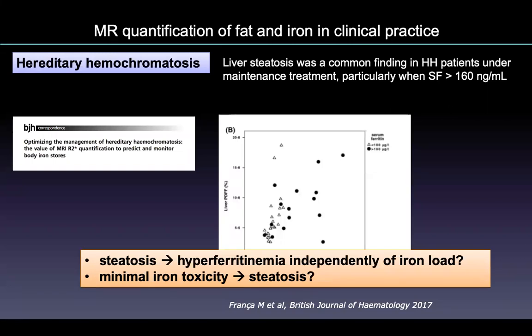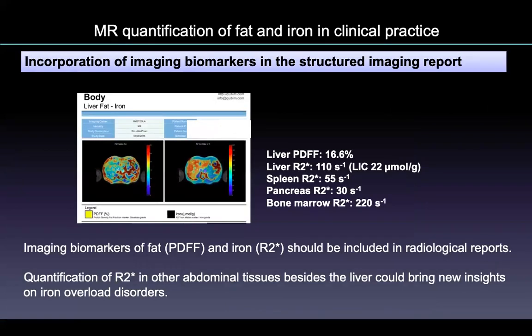Because this association of steatosis with high ferritin values can be interpreted as steatosis itself giving rise to an increased ferritin independently of iron overload, but it does not rule out the hypothesis that a minimal iron toxicity might also be involved in the pathogenesis of liver steatosis.